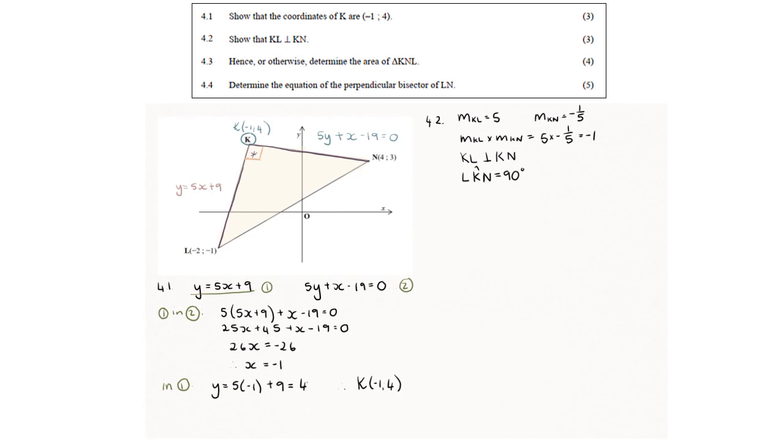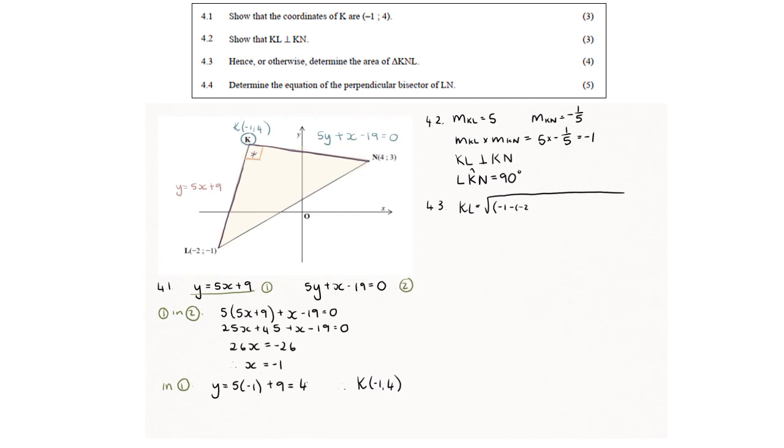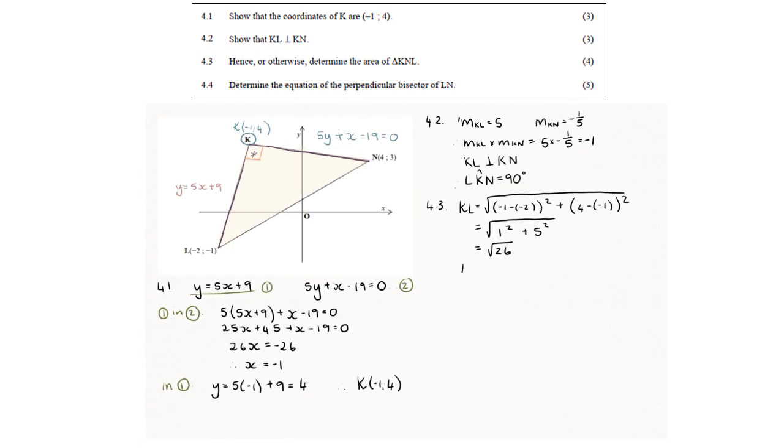So now we need to determine the lengths of KL and KN before we can determine the area. We begin with the length of KL, which is equal to the square root of (-1 minus -2) squared plus (4 minus -1) squared. That gives us a final answer of KL equal to the square root of 26.